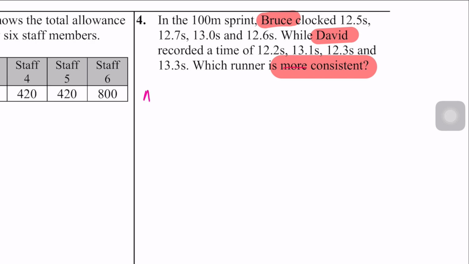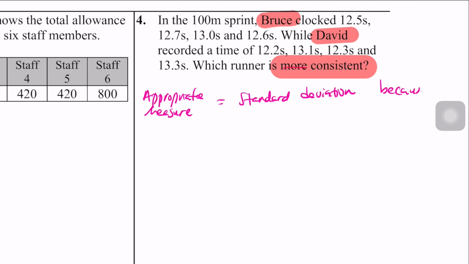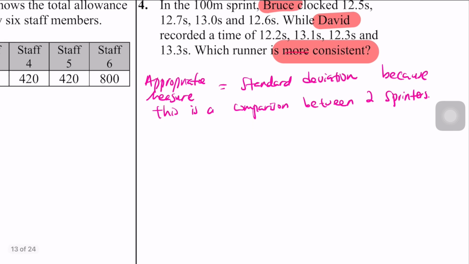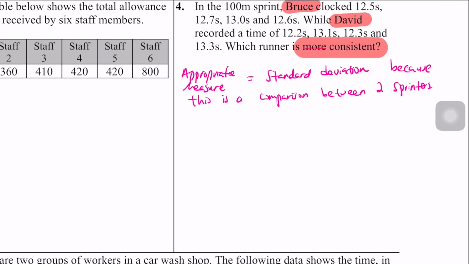So we can say that the appropriate measure is standard deviation, because this is a comparison between two sprinters. So the first one we calculate is Bruce.